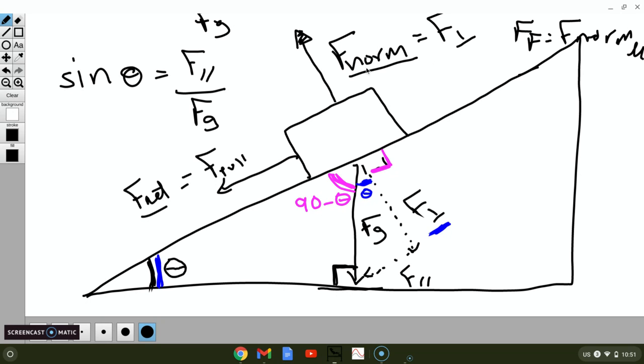Okay, so you have to be able to calculate that right there. Okay, so now that you know the two equations for how to calculate F perpendicular or F norm, and F parallel or F pull, we can talk about the worksheet that you're going to do.